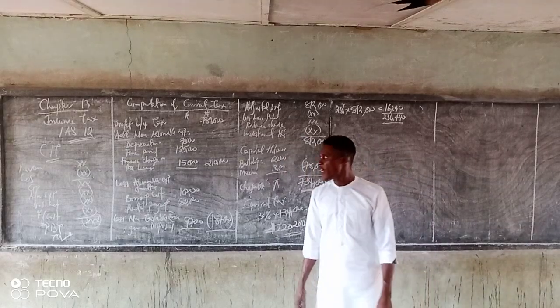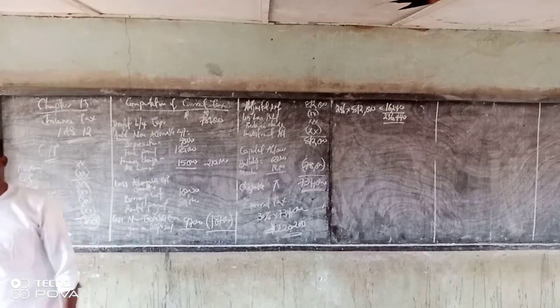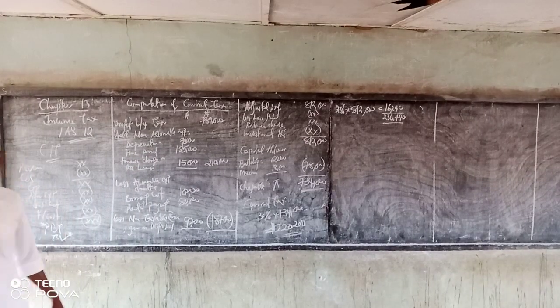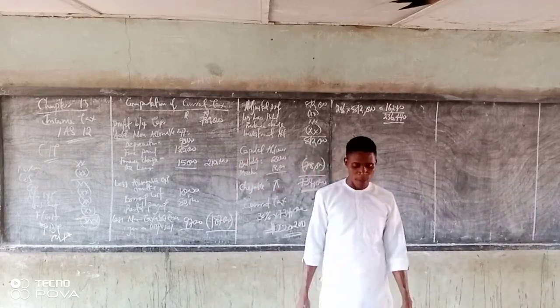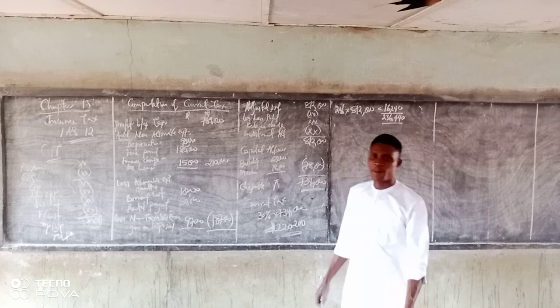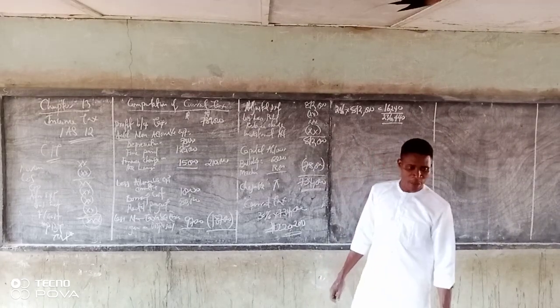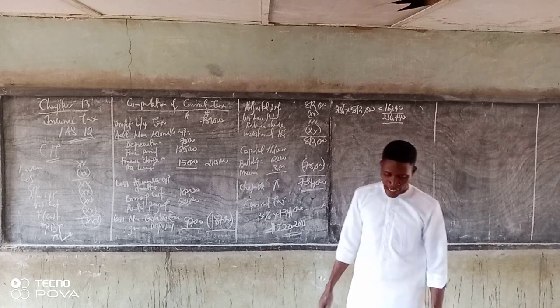We are trying to address IAS 12, income tax. So income tax gives us some basic definitions that we have to take home with. Let's try to look at these definitions one after the other. Tax base. Are we there? I'm now reading from page 299.